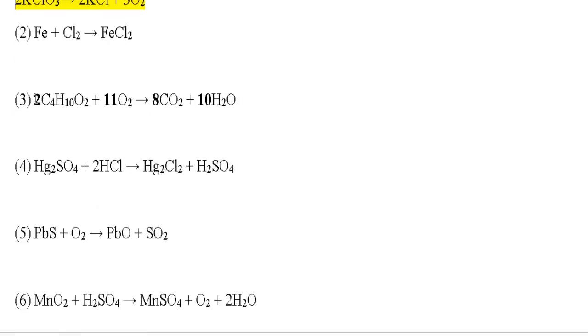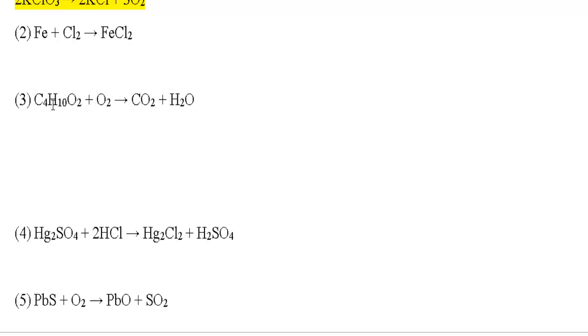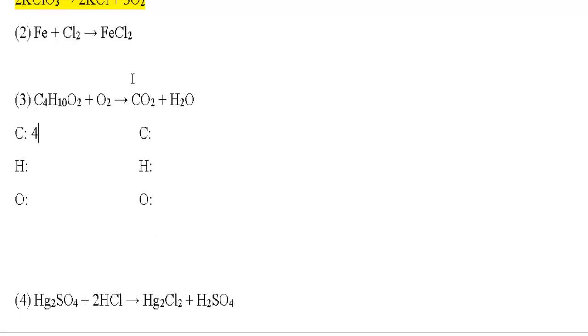Let's go over this one here. I'm going to remove the answer, and we'll go through how we got to the answer. Combustion reaction. This molecule combusts with oxygen to give you CO2 plus water. Let's do our accounts of reactants and products. So we have C, H, and O. We have 4 C on the reactant side and 1 on the product side.